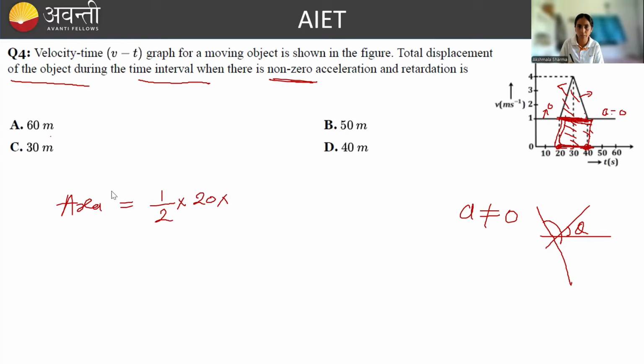Height is how much? 4 minus 1, that is 3. Now area of this rectangle, base is 20 and height is 1. So total it is coming as 30 plus 20, that is your 50 meter.